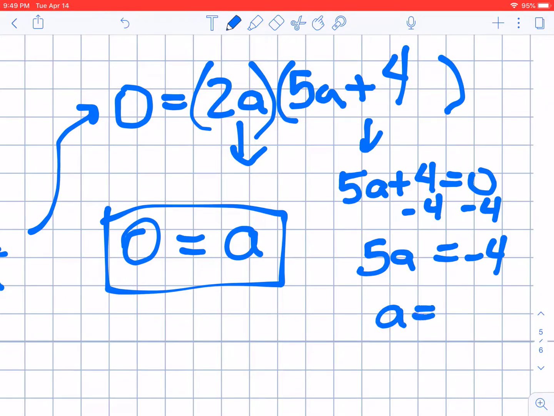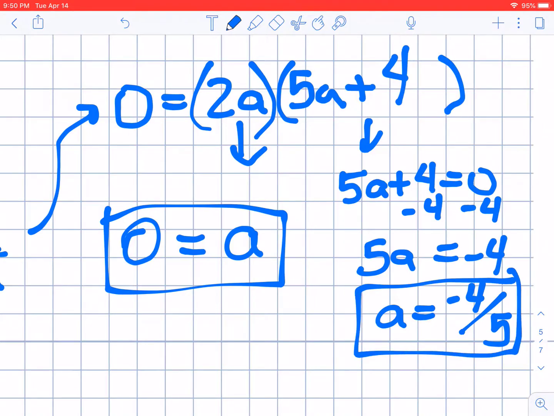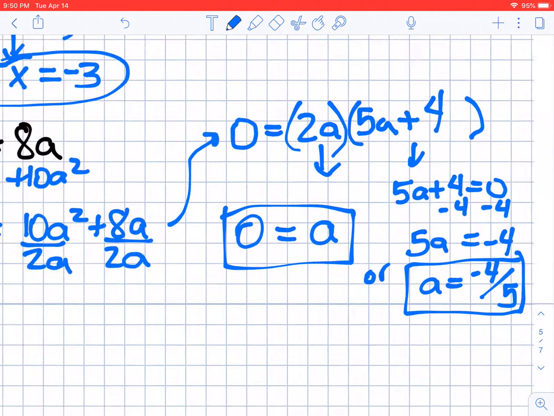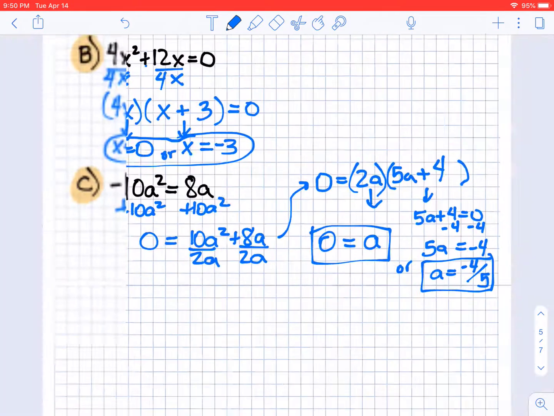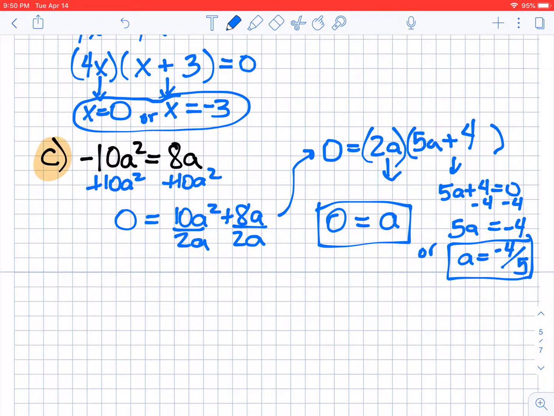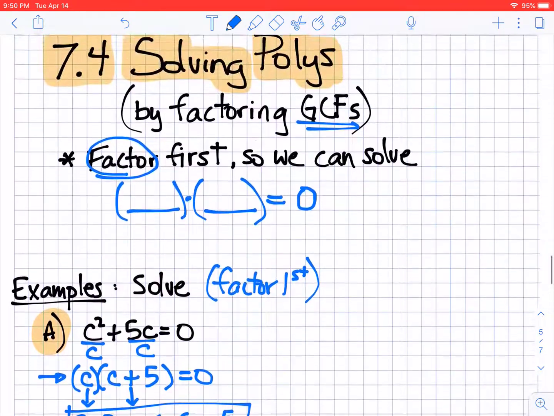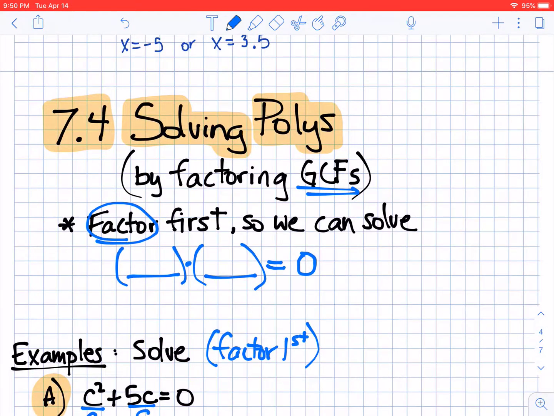And so a equals negative 4 over 5. All right, we've got our 2 answers for that problem. It's kind of a trickier problem because, again, it's not solved for 0. So we're doing the same thing we did yesterday, except this time you just got to factor out your GCF.